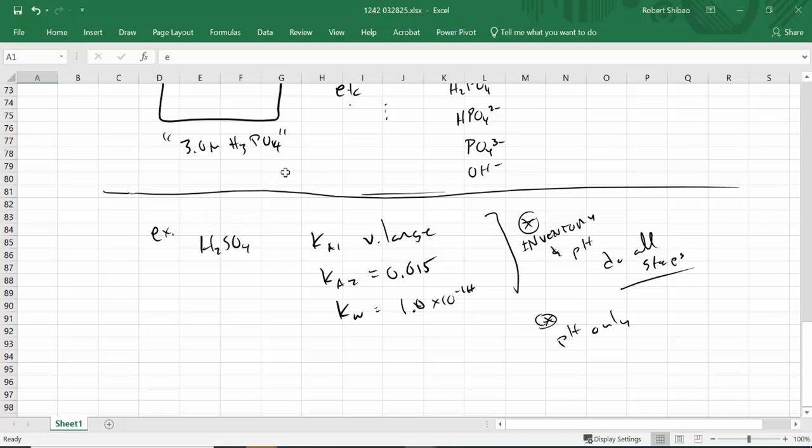When we have a Ka2, pH only, we're going to do Ka1 and Ka2. The reason we're going to do Ka2 is 10 to the minus 2 is considered big. Big enough to contribute.